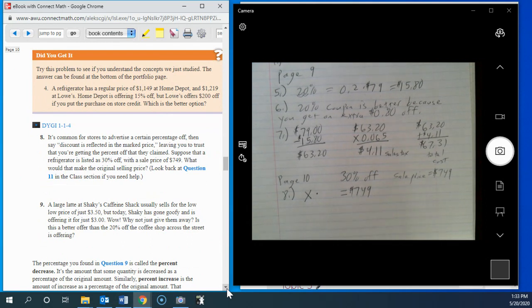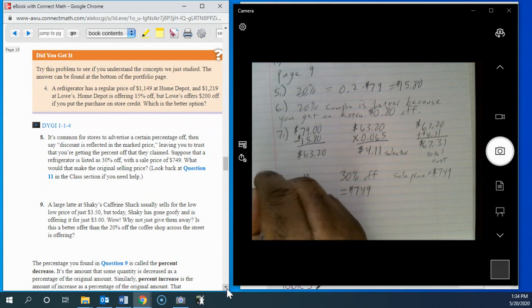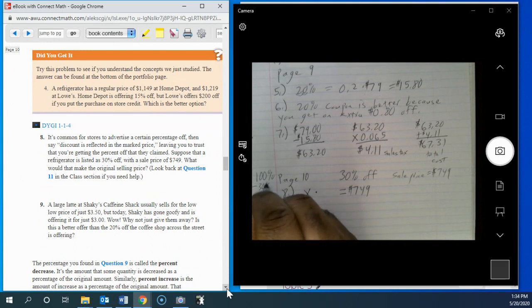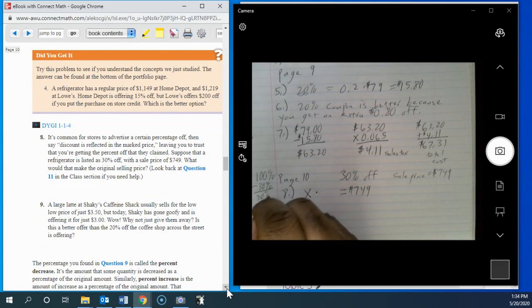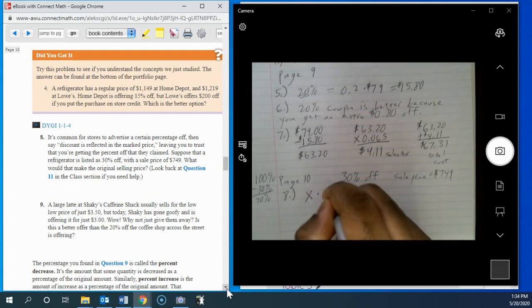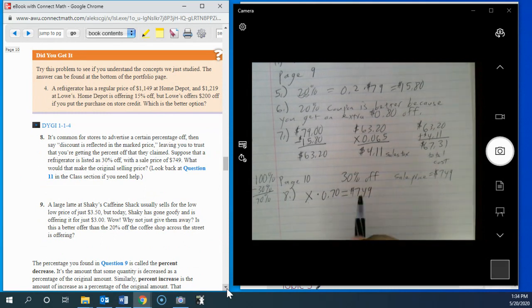What we have to look at is what we're actually paying, because it's 30% off of what we're actually paying. If we were to pay the full price, it would be 100%. So we would subtract the 30% off, and that would leave us 70%. So it'll be the regular price times the 70% we would pay would give us $749.